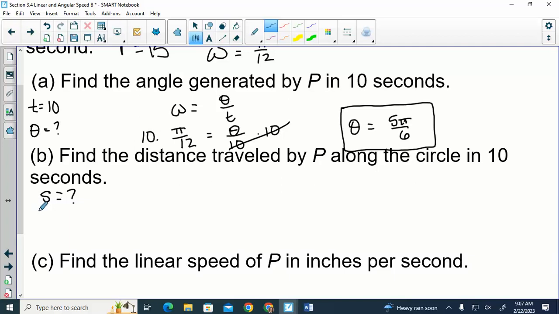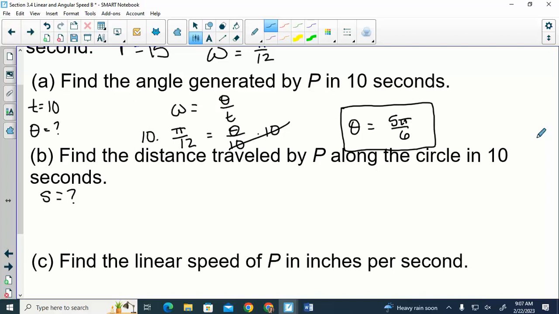So our list of options for formulas that we have so far. We know s equals r theta is still from before. We have v equals s over t, omega equals theta over t, and v equals r omega. So when I pick my formula, I kind of look at this. I'm talking about s, so that means I can either use s equals r theta or v equals s over t.